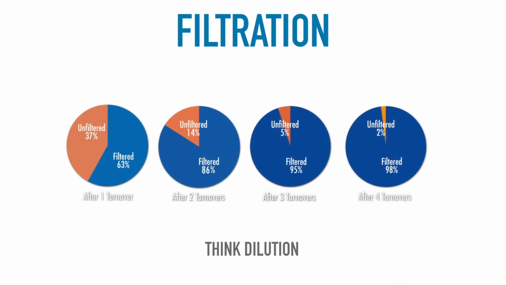As you can see on screen, this matches very similarly to what you're going to see on page 120 in your book. Now, if you read that caption underneath this photo, it doesn't necessarily add a lot of insight into what we're looking at. But what I want you to think about here is dilution. As you can see, after the first turnover, we're going to be at 63% filtered and 37% unfiltered water.